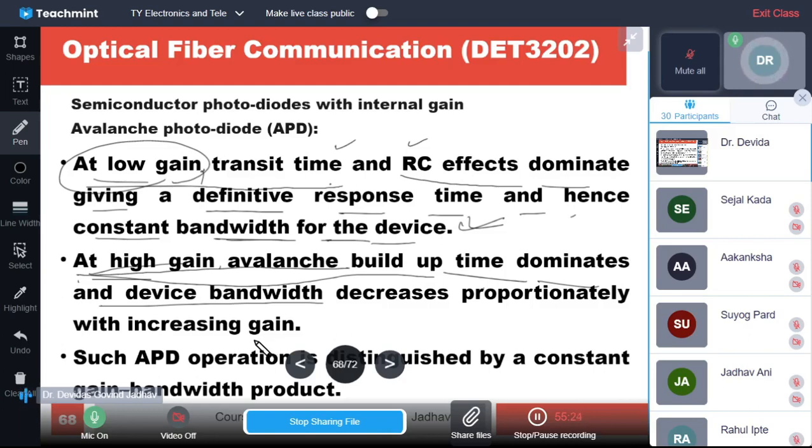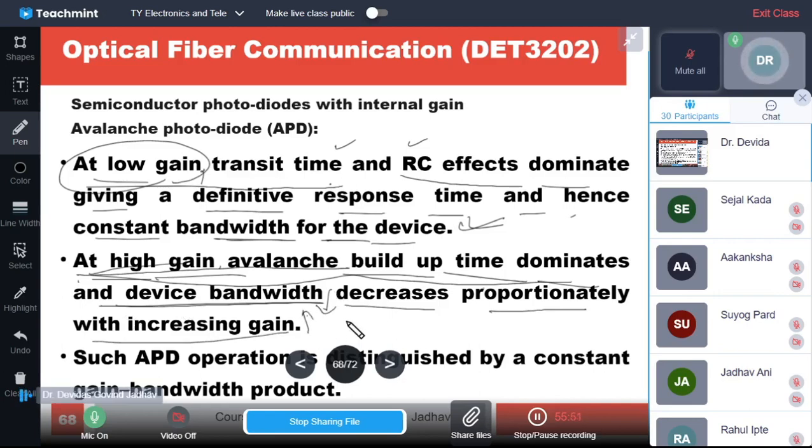That is, the number of multiplications is very large, and that takes more time. So at high gain, the avalanche build up time dominates the device bandwidth, and the bandwidth decreases in proportion with increasing gain. So bandwidth goes on decreasing with increase in the gain.